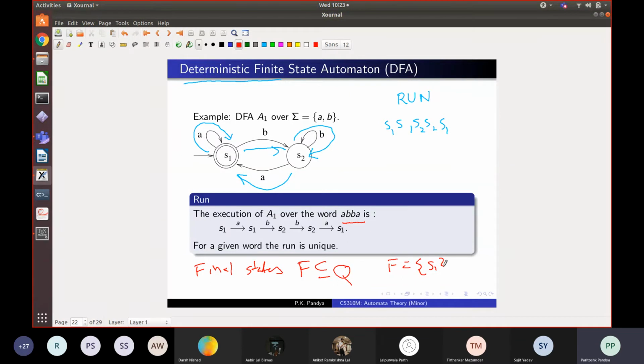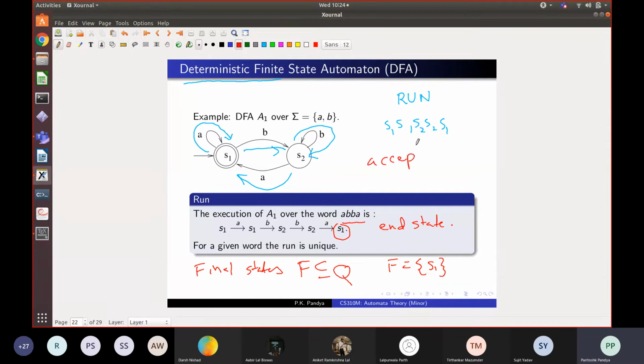And what is the idea? On a given word, the execution winds up in an end state. So every execution finishes in an end state. And if that end state is a member of this set F, which is some subset of Q, then we say that this execution or this run is accepting.